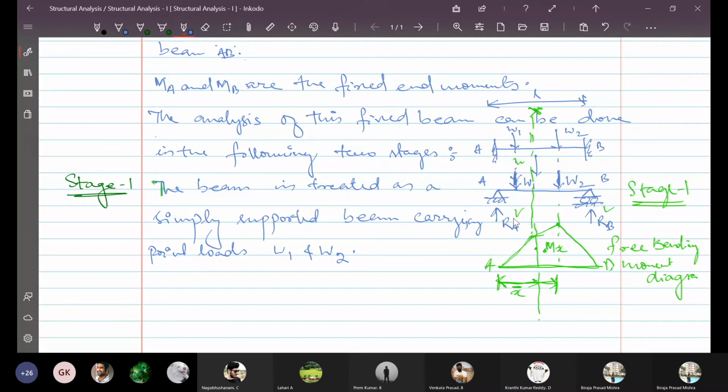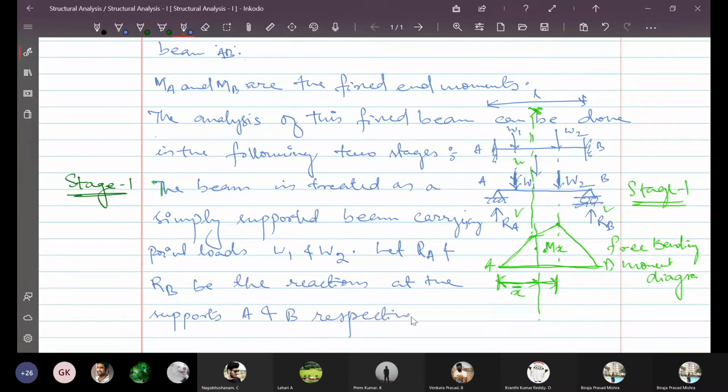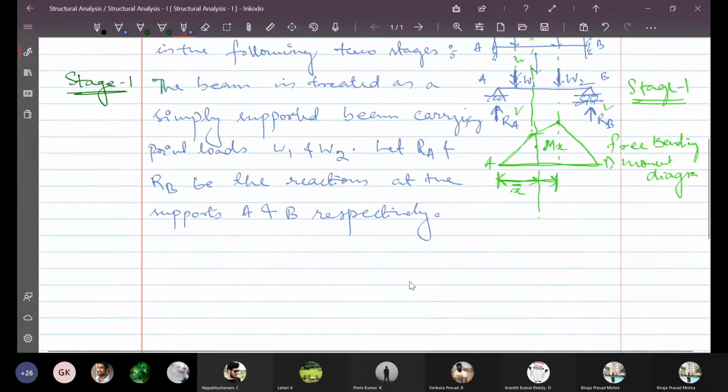Now let RA and RB be the reactions at the supports A and B respectively. Here RA is the reaction at support A, and RB is the reaction at support B. Now this is stage 1, and the next stage is stage 2.